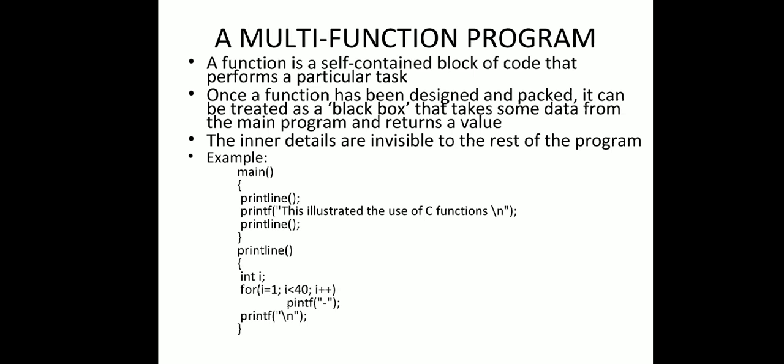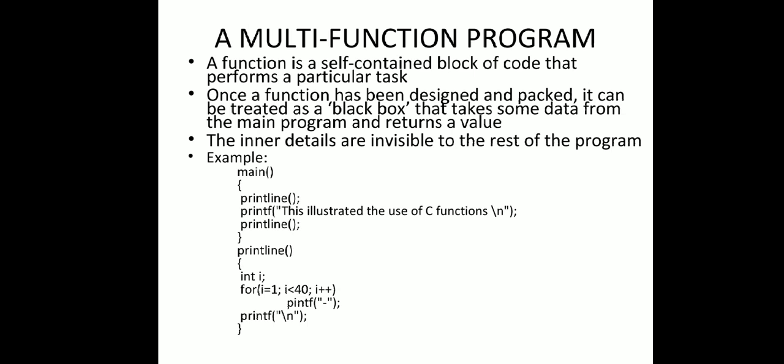The program actually does not know what is happening inside the function. It is the responsibility of the function to take care of what is going on inside. So the whole program does not know what is actually happening inside the function. So the data inside the function is invisible to the program.